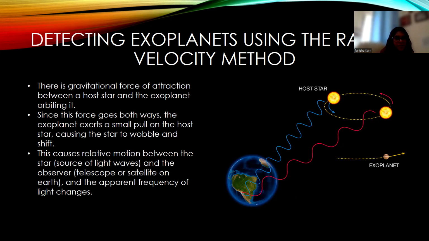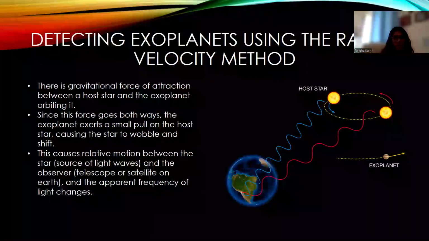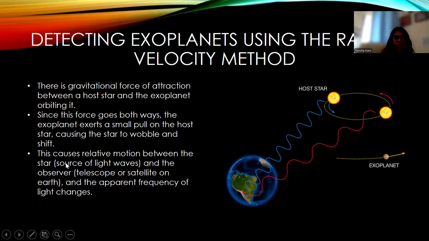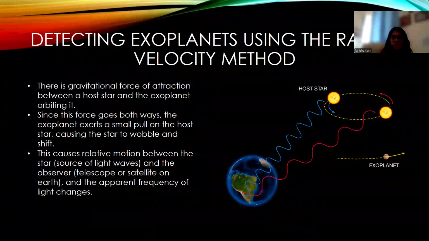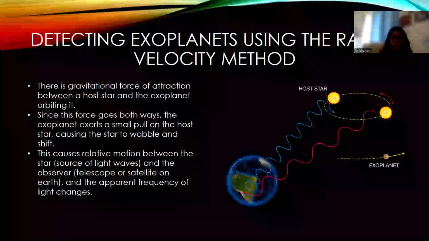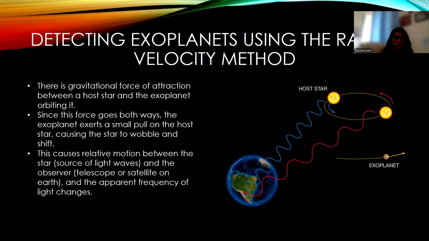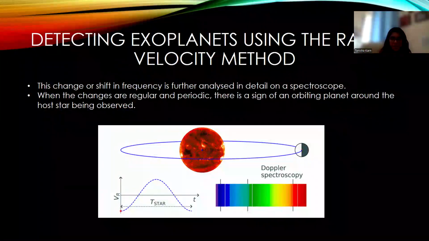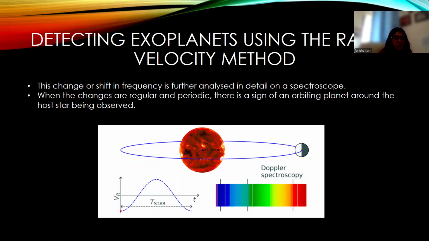This can cause relative motion between the star and the observer on the Earth. Seeing this through a telescope or maybe even a satellite, the apparent frequency of the light emitted changes. This change in apparent frequency obviously causes a change in wavelength.